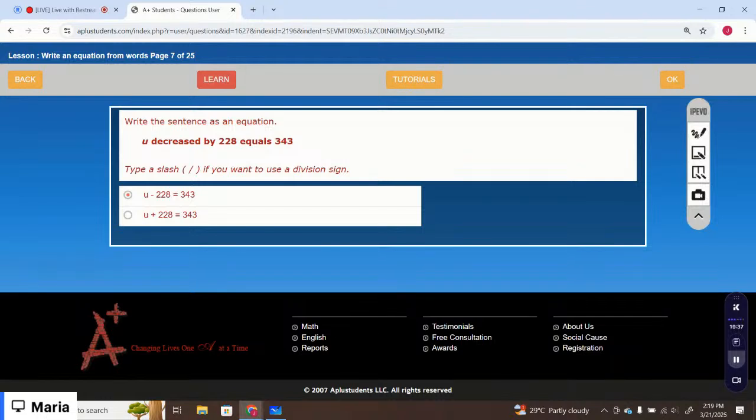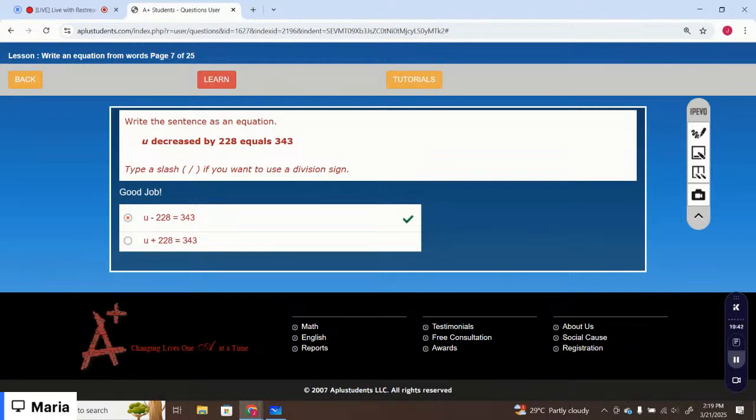Decreased by means you need to subtract: u minus 228 equals 343.